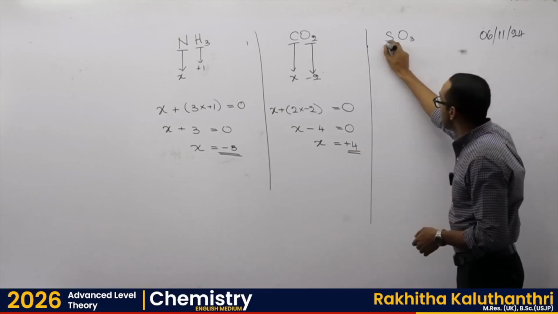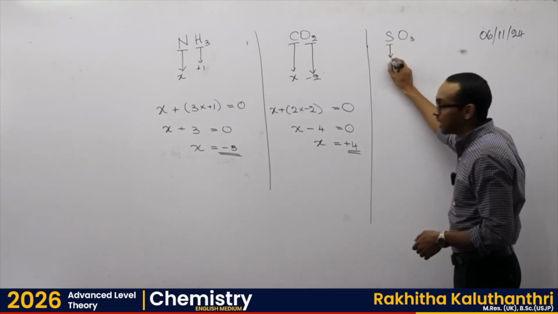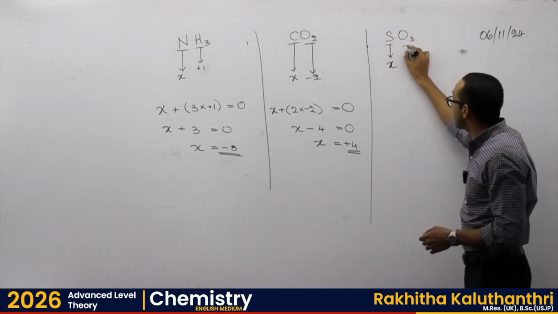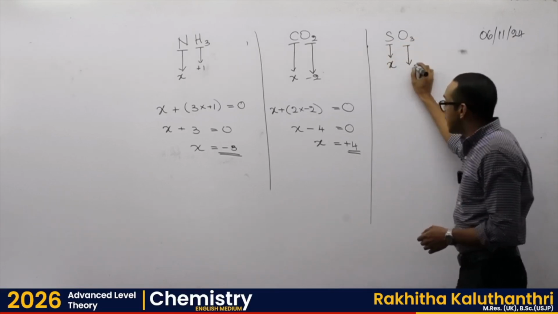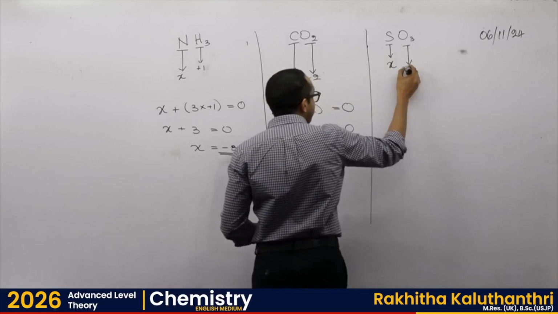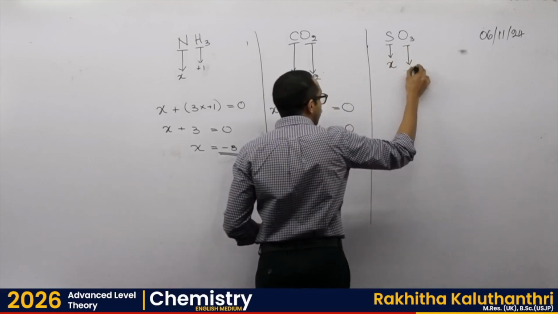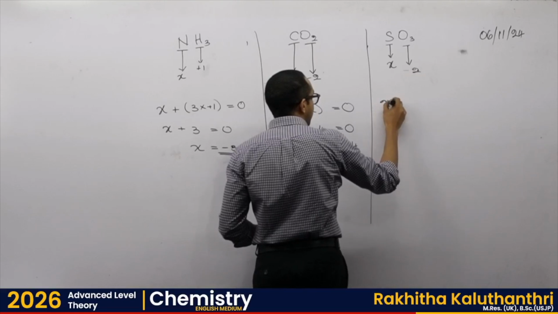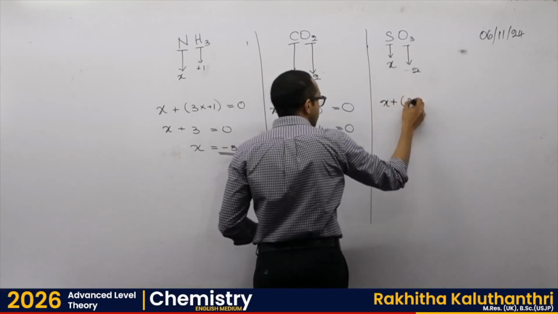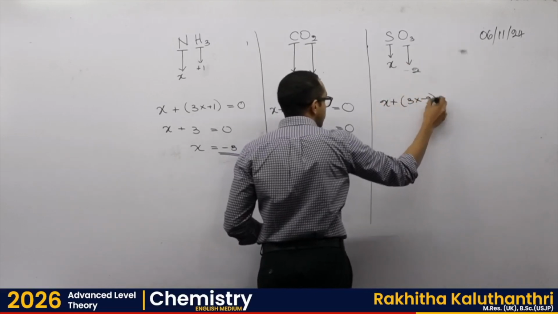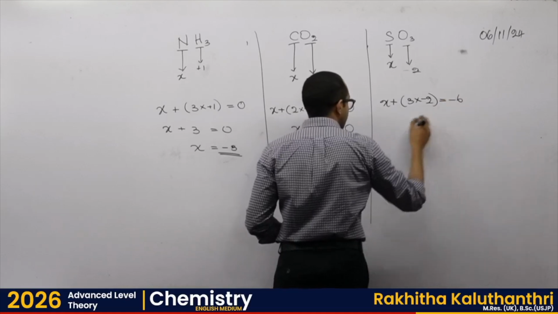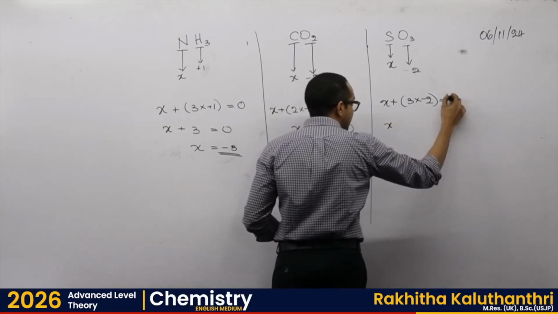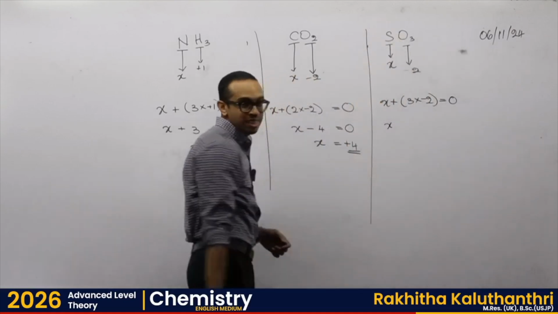So this sulfur, we found it to be +6 if I'm not mistaken, right? Let's find out whether we are getting the same answer here. Oxygen is -2 always. So we have X plus, there are 3 oxygens, 3 multiplied by -2, which is -6, which equals 0, the overall charge of the molecule.